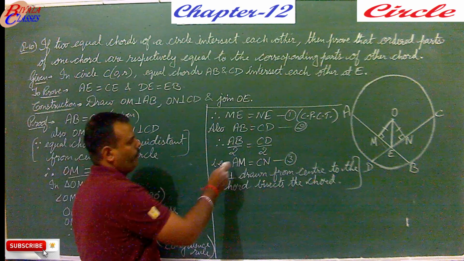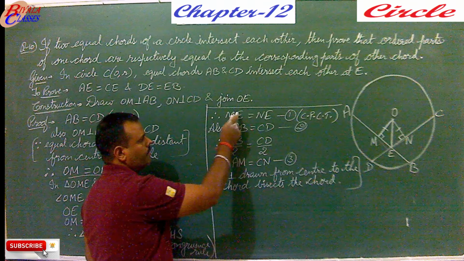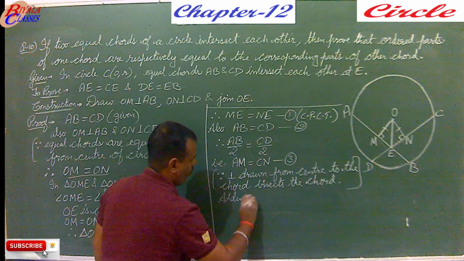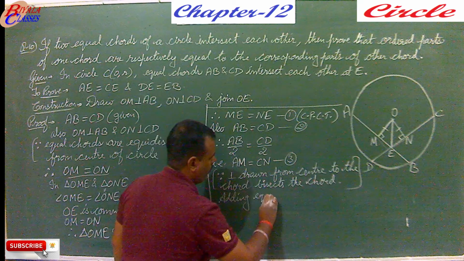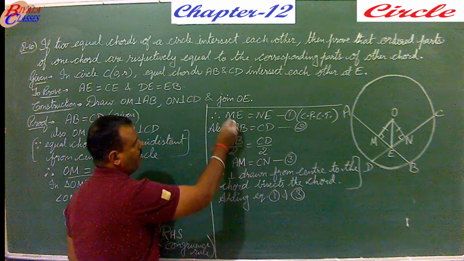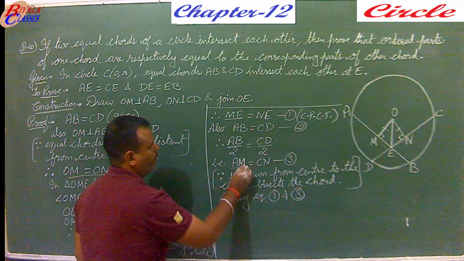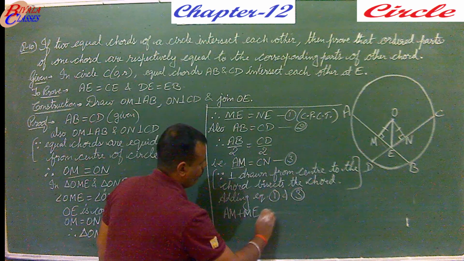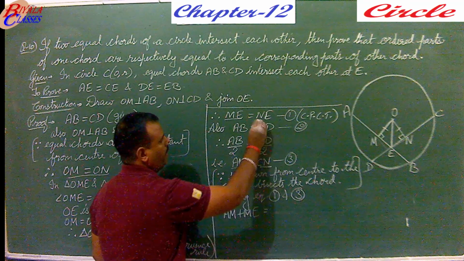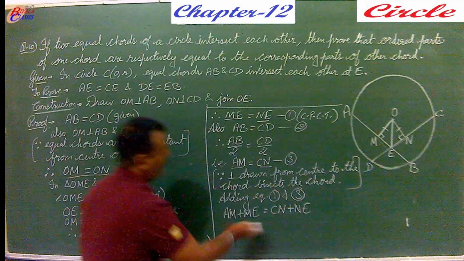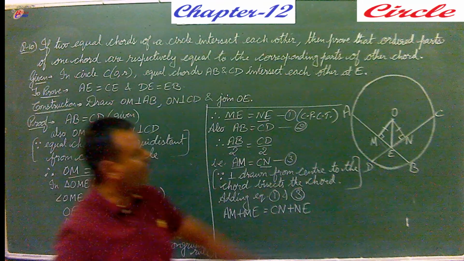Now add these two parts, the first and the third. Adding result 1 and 3, we get AM plus ME and CN plus NE. Now what is AM plus ME?